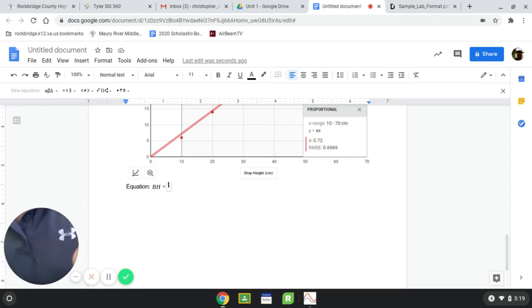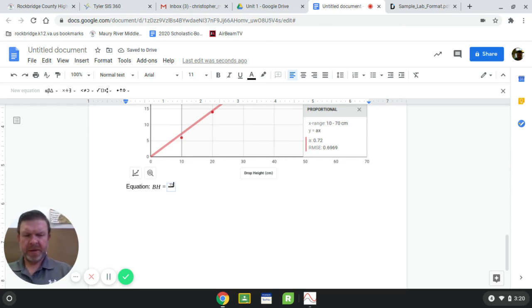So A over B. Then to get into the equation editor, I think you hit Shift, Alt, equals. If that's not it, it's something Alt equal. It could be Control Alt equals. And the equation editor in Microsoft Word is way better than the Google Docs one, just telling you.